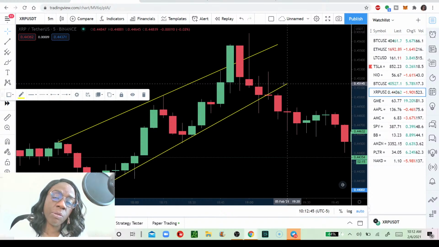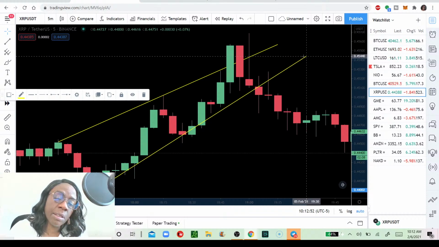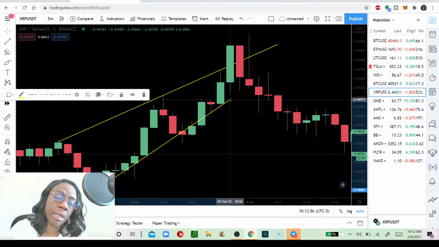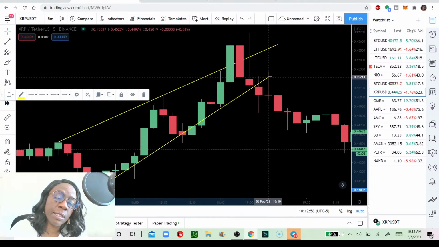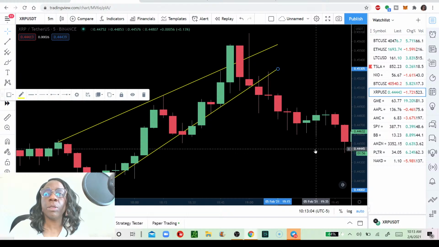So again, we're looking for as many touches as we can get. I'm trying to get these upper candlesticks. Okay, so there I have two trend lines.